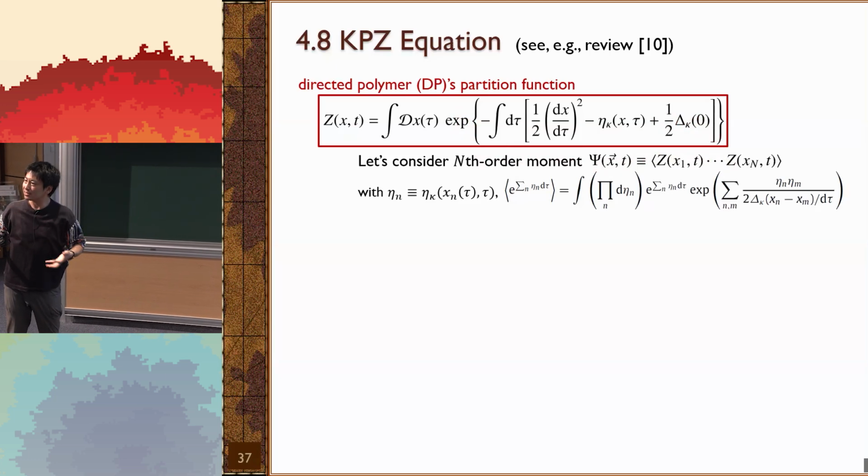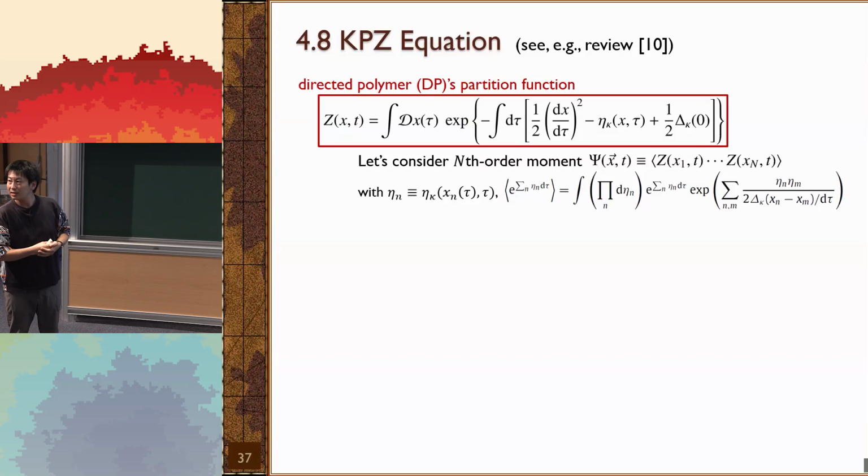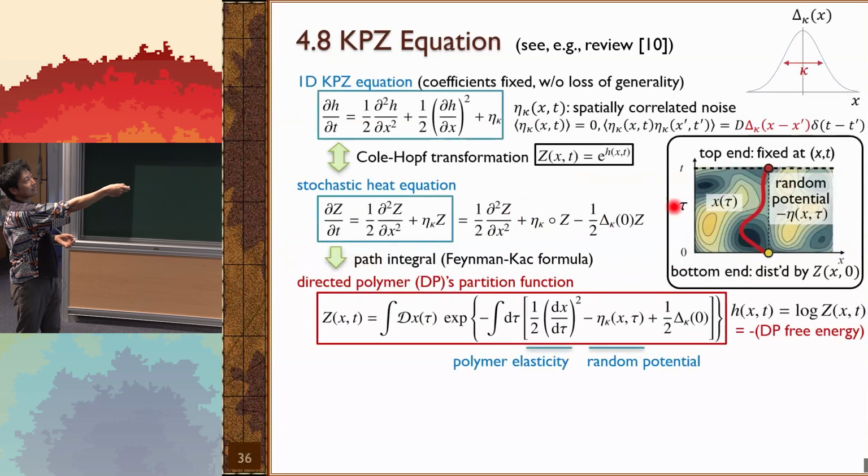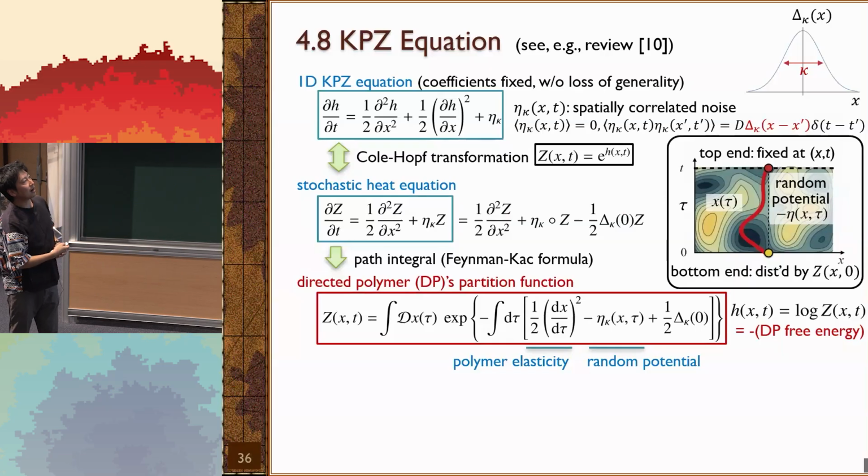You don't need to change tau inside. But what are the limits of the integral over tau? 0 to t. Oh yeah, tau goes from 0 to t. How is it a function of x? x can be anything from minus infinity to infinity. Oh, but it's pinned. Yeah, the two endpoints of the polymer are basically pinned.